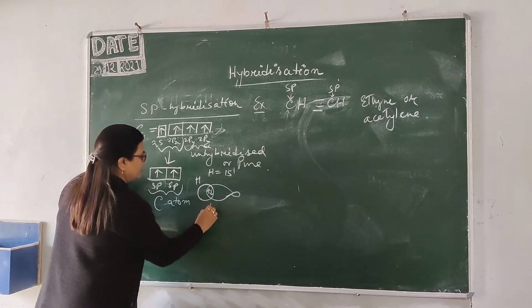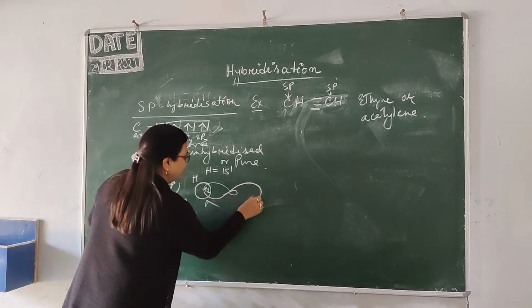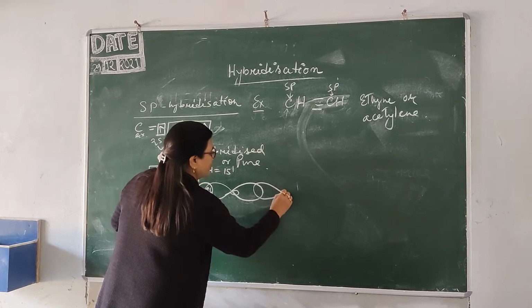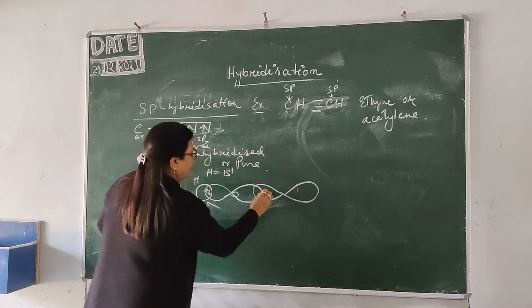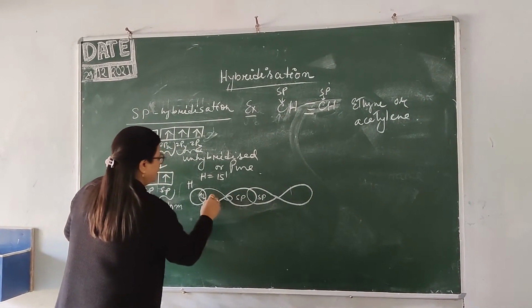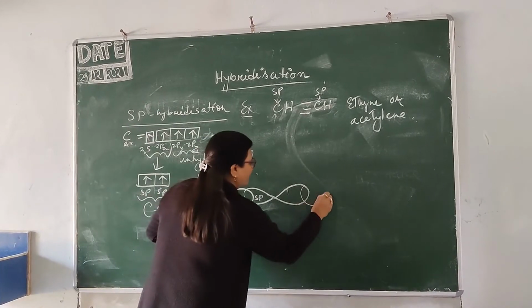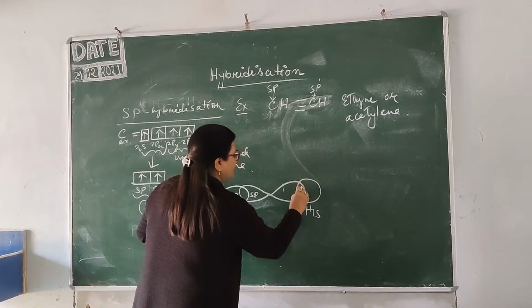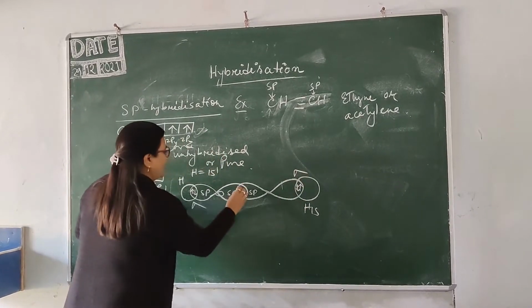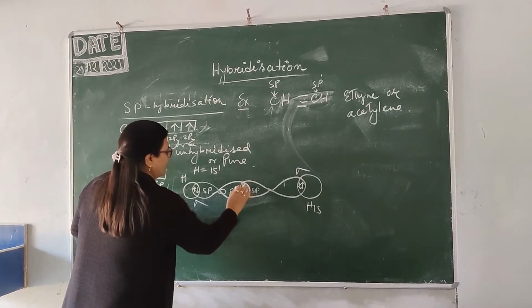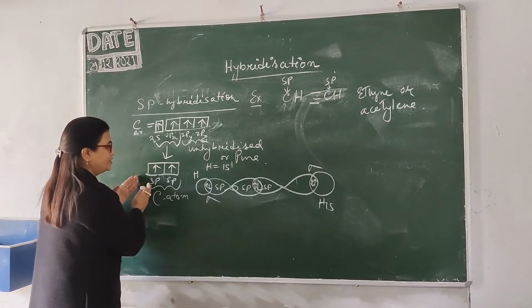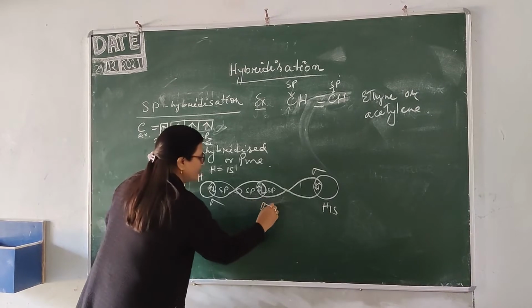This will form a sigma bond, and the other sp hybrid orbital will combine with the other carbon atom. Again, one hydrogen, one s orbital containing one electron, will form one sigma bond. That means the sp of one carbon atom and the sp of another carbon atom form a carbon-carbon sigma bond.